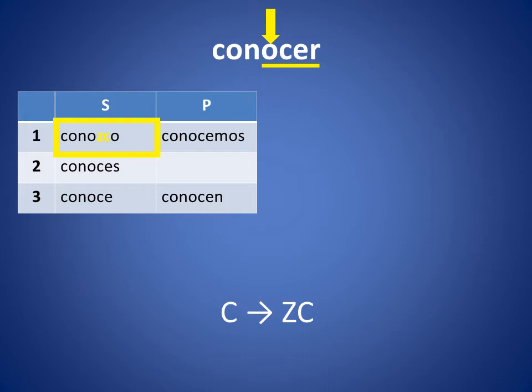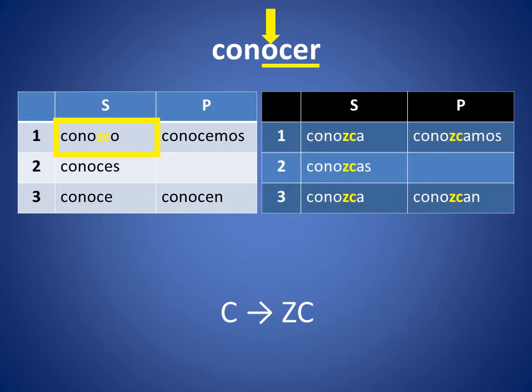Now, in first person changers like this, that one form, the yo form of the simple present indicative, is going to be our basis for all of the present subjunctive forms. So we're going to take off the O ending as our root, and that is how we're going to build the simple present subjunctive for the verb conocer.